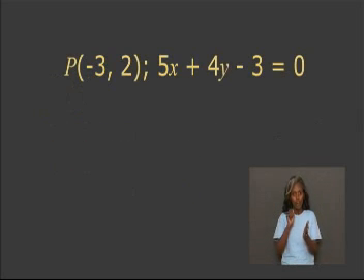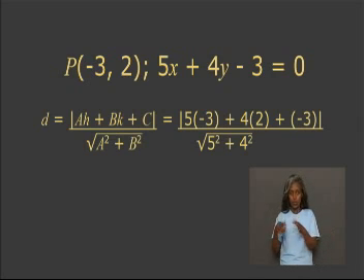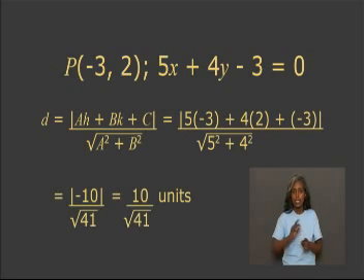For example, to find the distance between P at (-3, 2) and the line 5x plus 4y minus 3 equals 0, we substitute these values into the formula. The distance between P and L is 10 over the square root of 41 units.